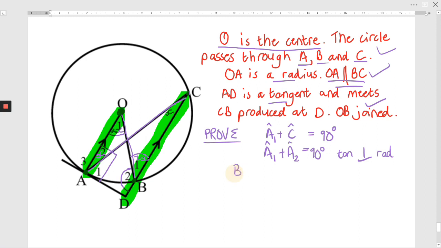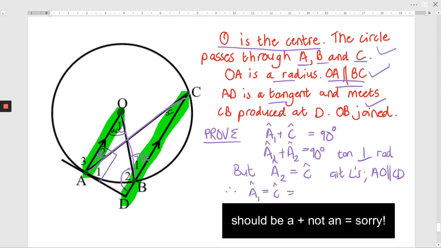But A2 equals C, and my reason was alternate angles. Therefore, A1 plus C also equals 90.